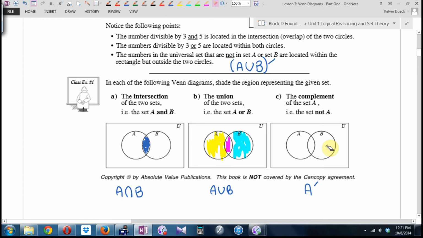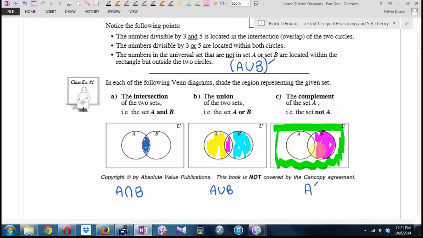It does not, then yes. Would I shade here? Yeah. The complement would be this outer section and this section, but not the overlap, and well, but not all of circle A. That's a picture, Brianna, of not A.